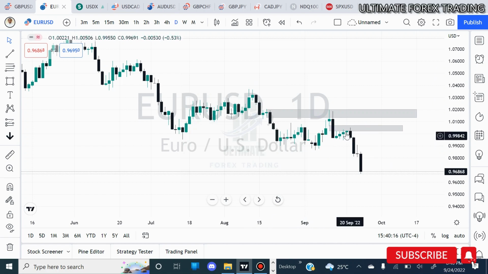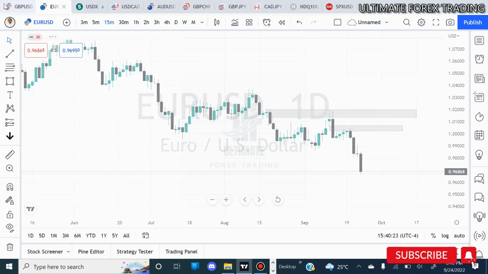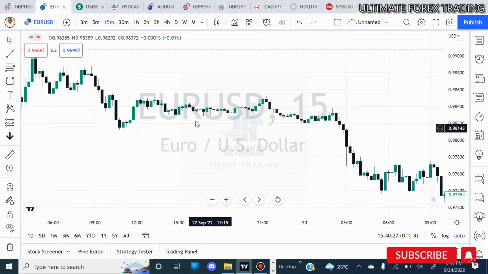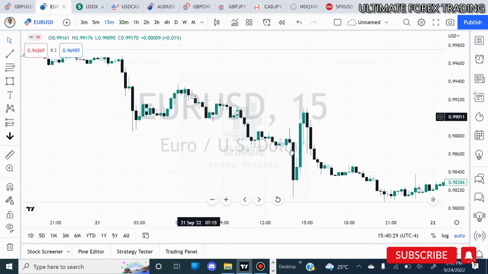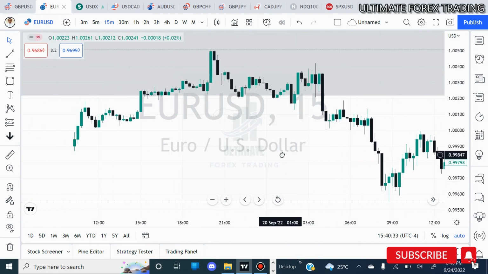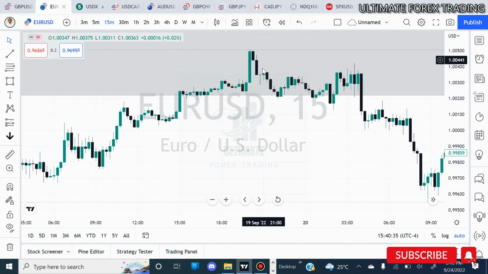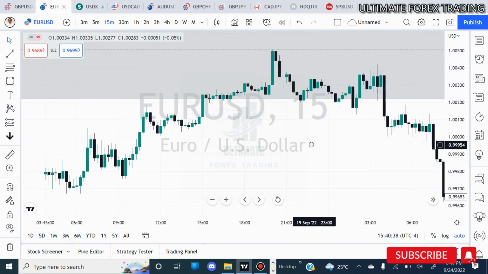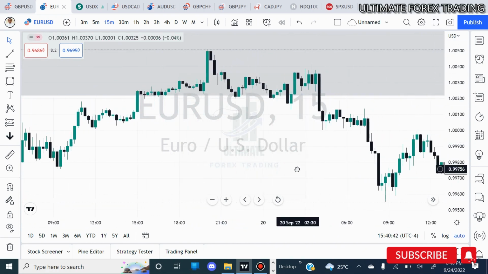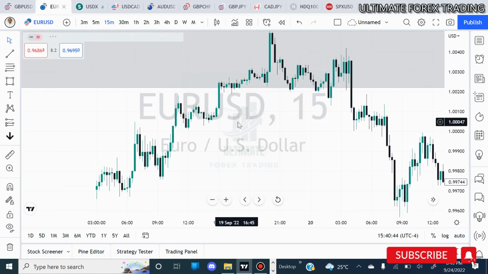So it is from this that we go to our 15 minutes time frame, our 15-minute time frame to look for trade setup. As you can see, here we are in that daily fair value gap, right?